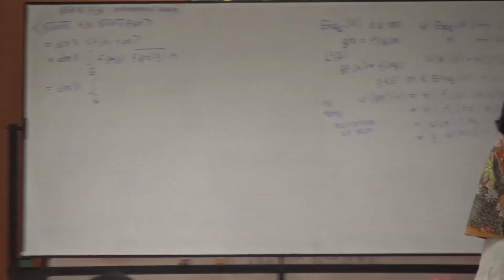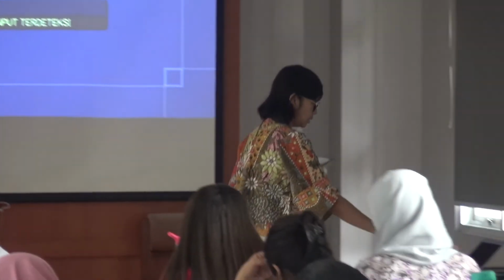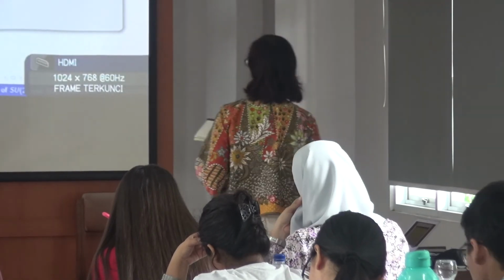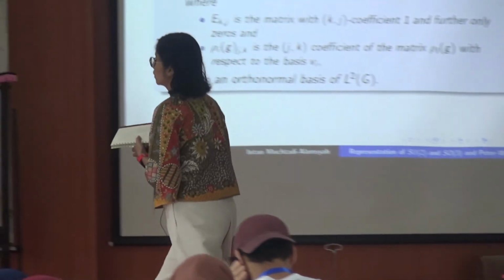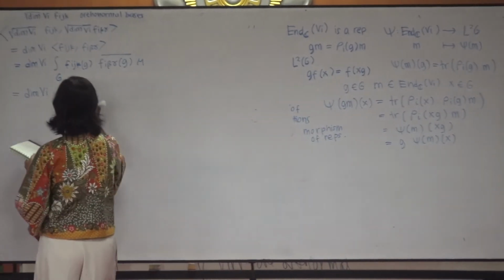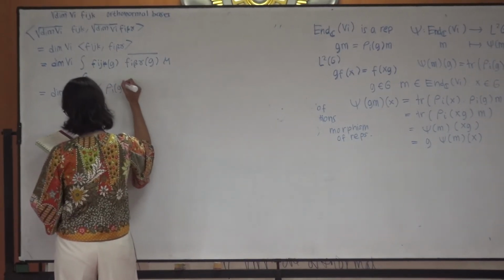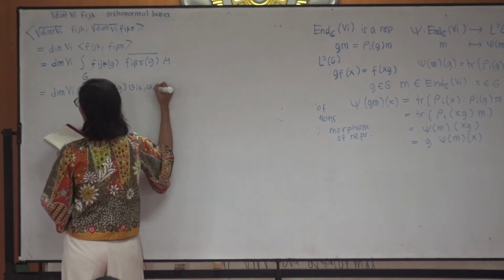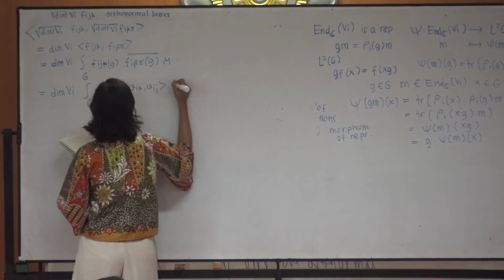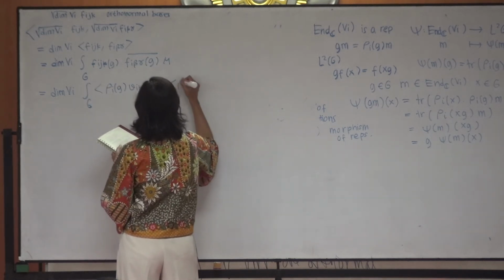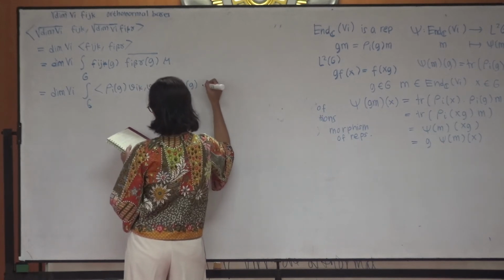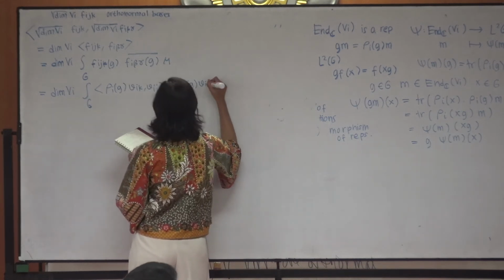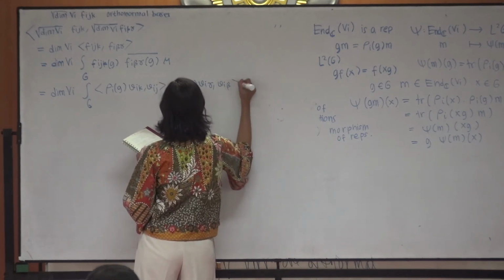And the Fijk is given here as this inner product: rho ij phi ik, phi ij, and rho ij phi i gamma, phi i beta bar.